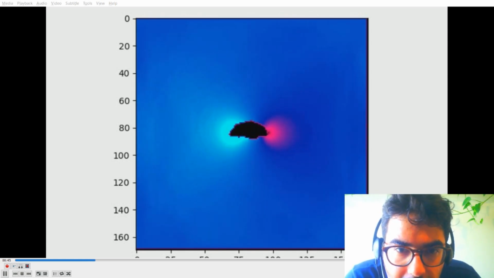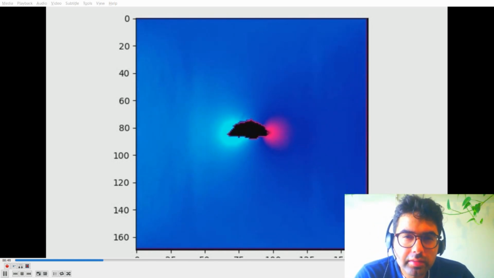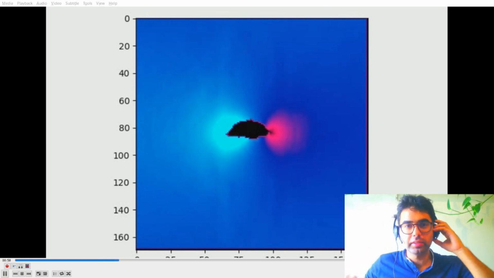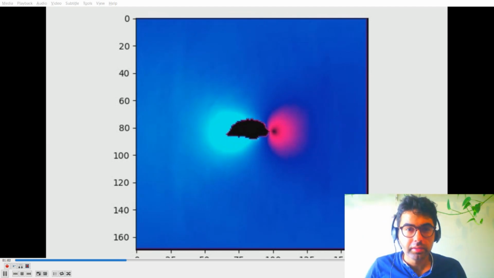In its current state, it's sort of functioning, and I'm happy that it seems to be somewhat functioning.